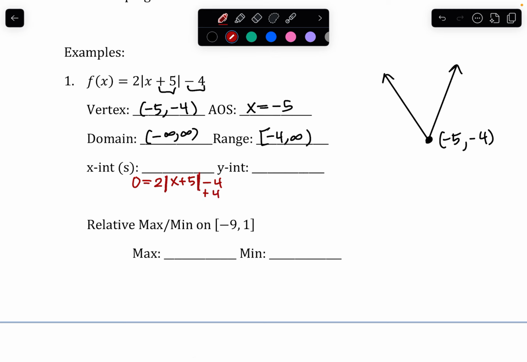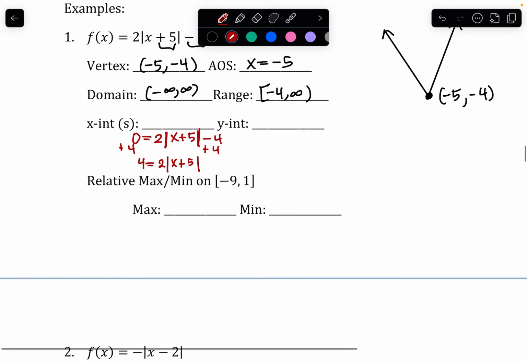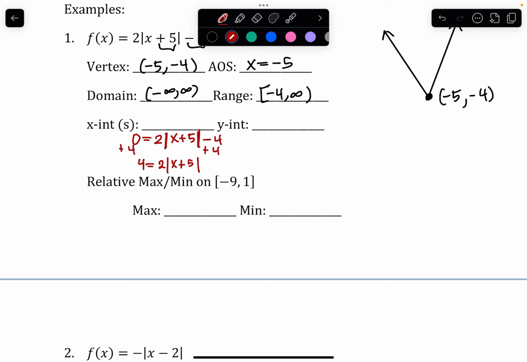And so we're going to add 4 first because it's the number that's furthest away, giving me 4 equals 2 absolute value of x plus 5. Now you don't ever want to distribute the 2 into the bars. Now you divide by the 2 to get rid of it. And so now I have 2 equals absolute value of x plus 5.